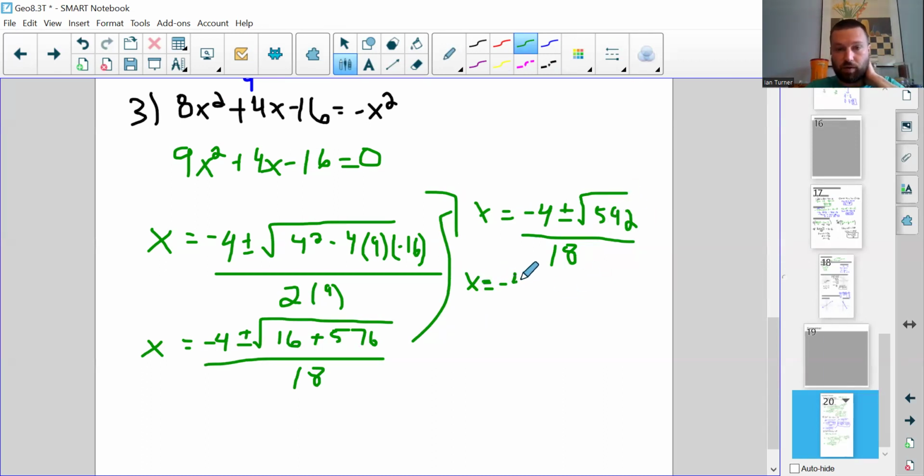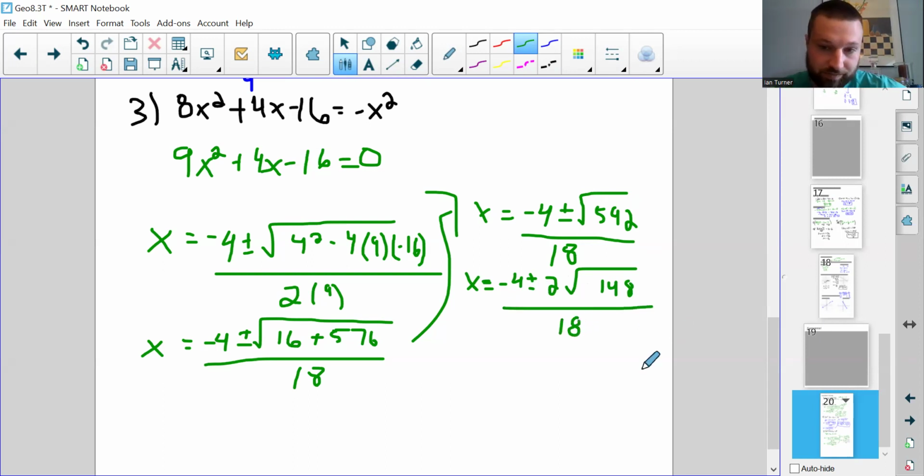So we get -4 plus or minus. We're pulling out a 4. So it's square root of 4 becomes +2. And then 592 divided by 4 is 148 all over 18. Now what we could do here is we could split this up.